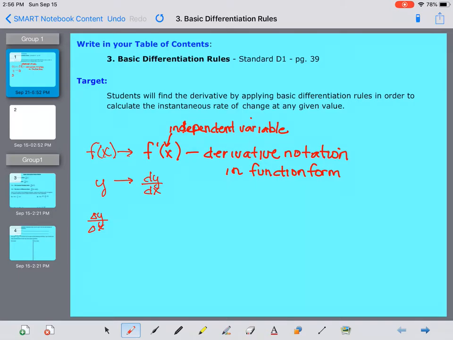So again, this tells us that our independent variable is here. Y is not our independent in this situation. This gives us our dependent, and our x, of course, is our independent.